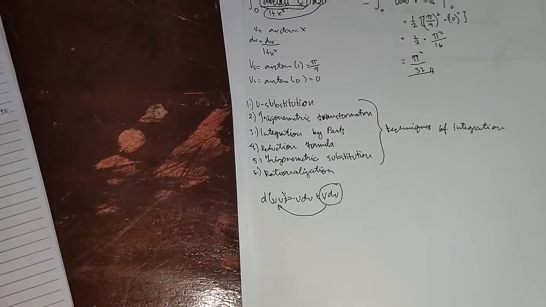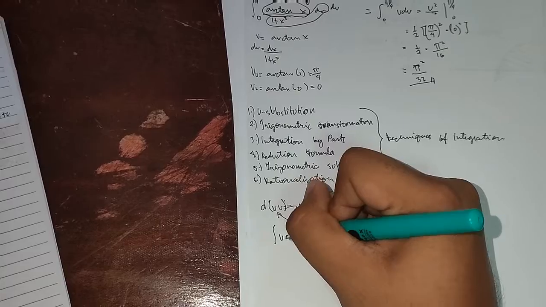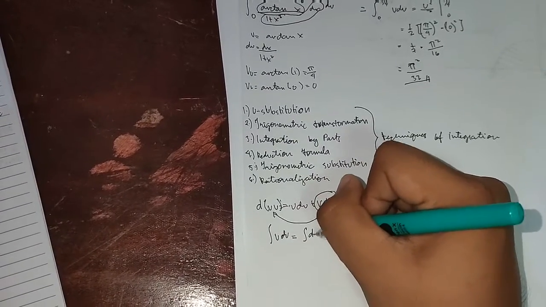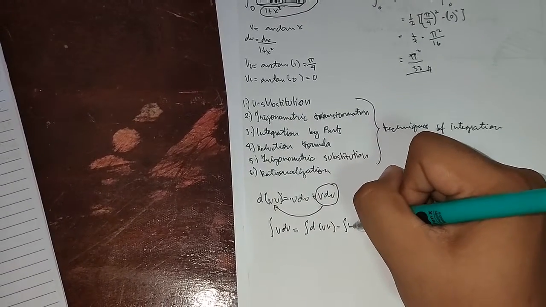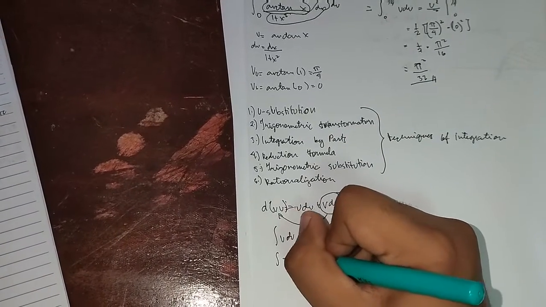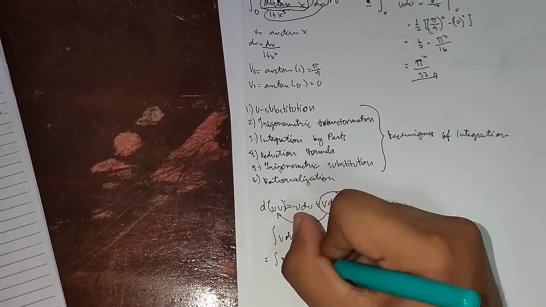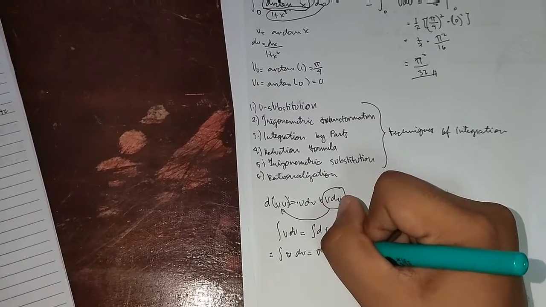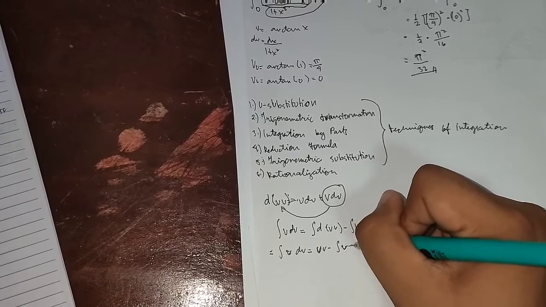We're just gonna change that, so it becomes u dv equals the derivative of d uv minus v du, equals uv minus integral of v du.